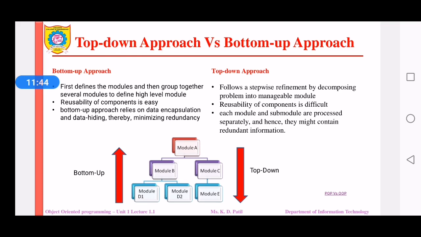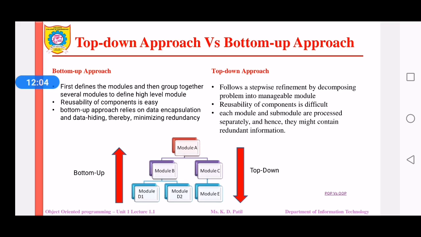As it follows the bottom-up approach, reusability of components is easy, as first the modules are defined and then they are grouped together. The bottom-up approach relies on data encapsulation and data hiding, and thereby it minimizes the redundancy.